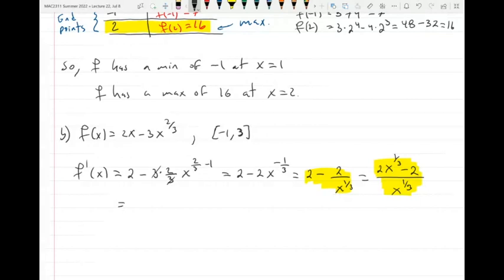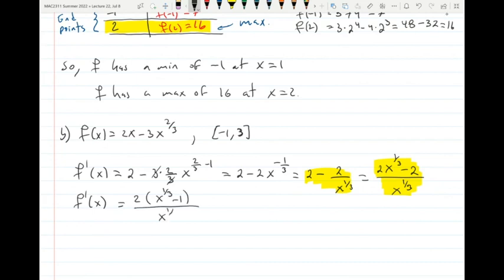Then because we need to find zeros, remember you should factor as much as you can. In this case, I can take out 2, and then we get x to the 1/3 minus 1 over x to the 1/3.